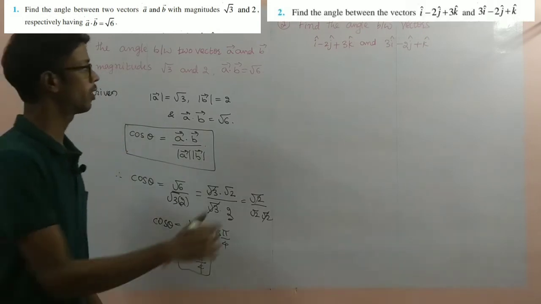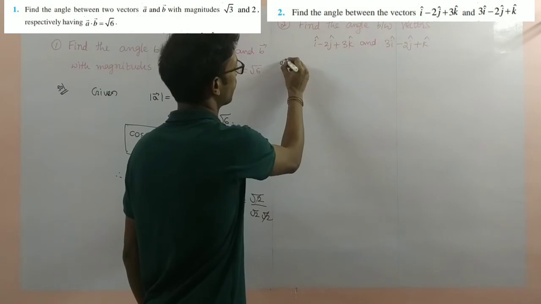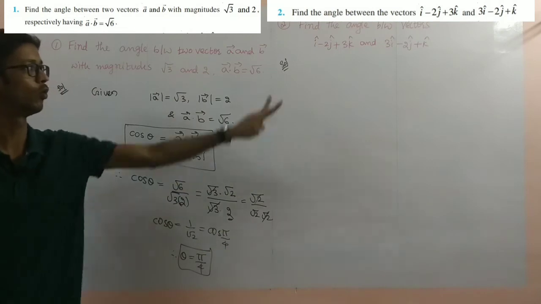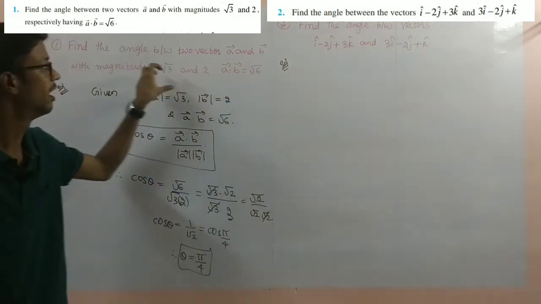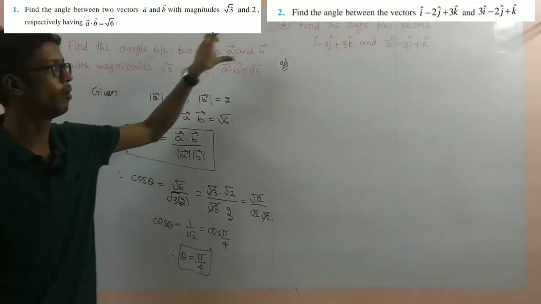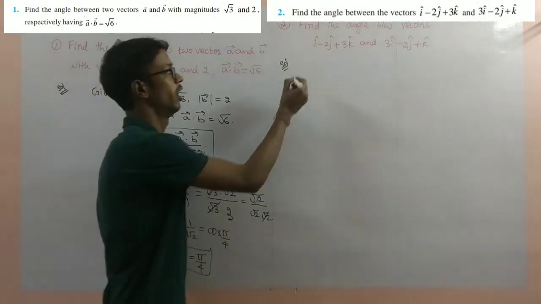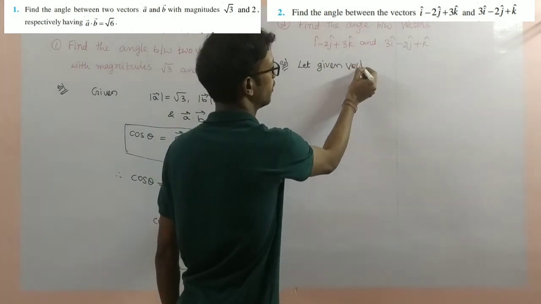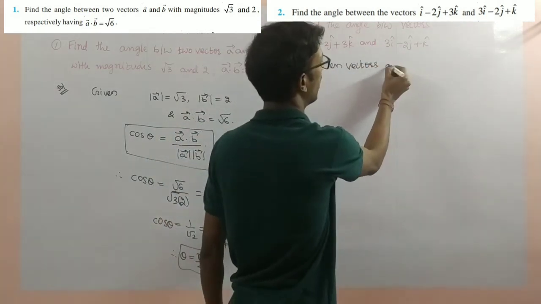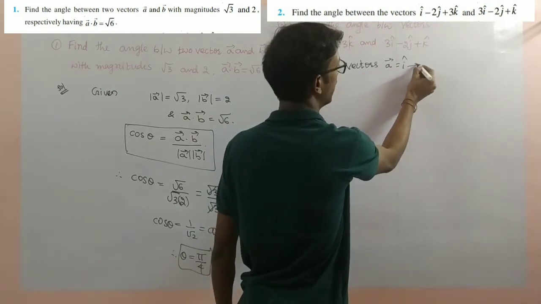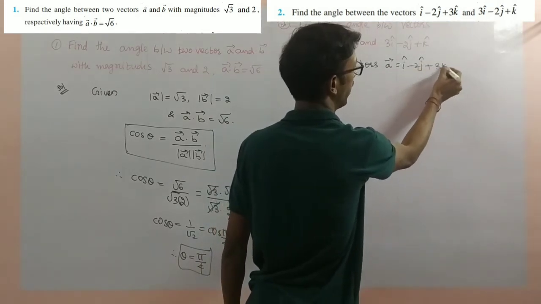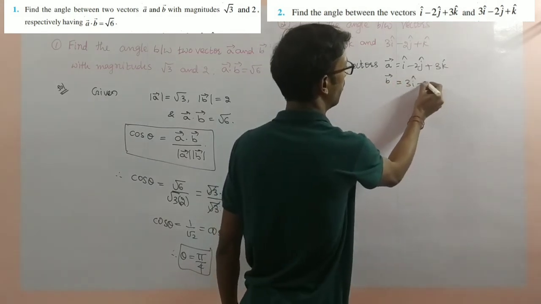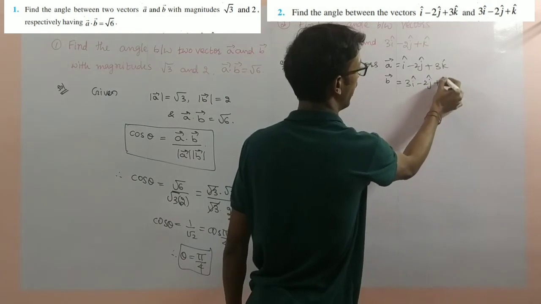Next, problem number 2. Find the angle between two vectors. In this problem, the vectors are given. So let the given vectors be A bar equal to i cap minus 2j cap plus 3k cap, and B bar equal to 3i cap minus 2j cap plus k cap.